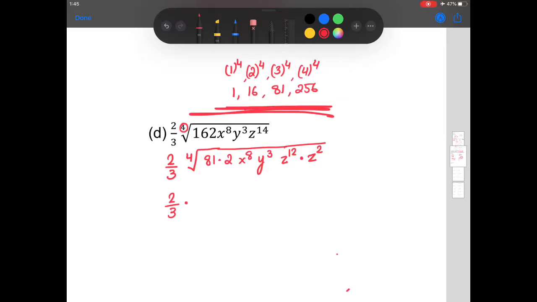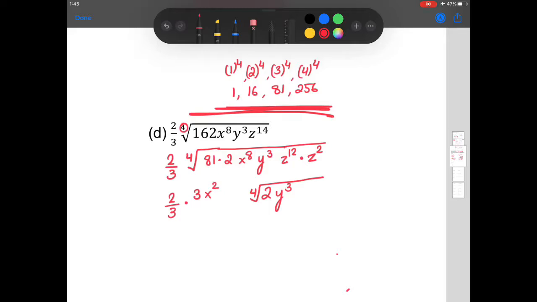Fourth root of 81 is what? What number did I multiply? It's 3. Yes. And I'm going to set up my non-perfect ones. 2 is a non-perfect one. X to the 8th. Fourth root of x to the 8th, you just take your power divided by your root. So 8 divided by 4 is 2.